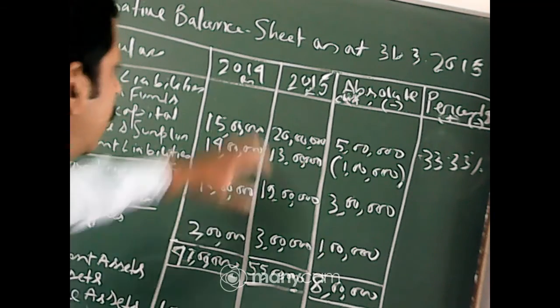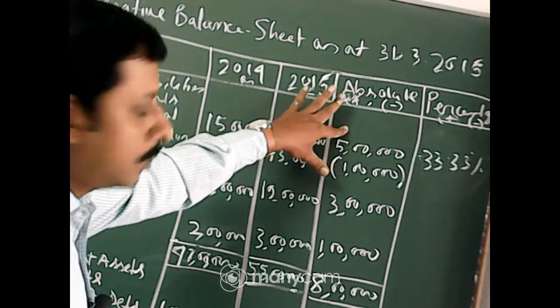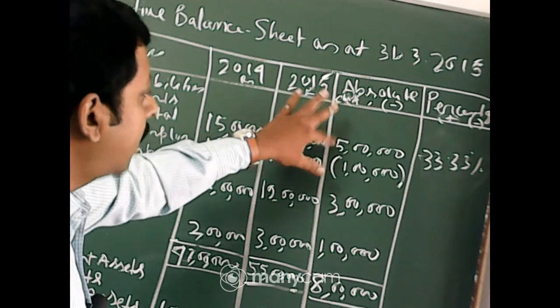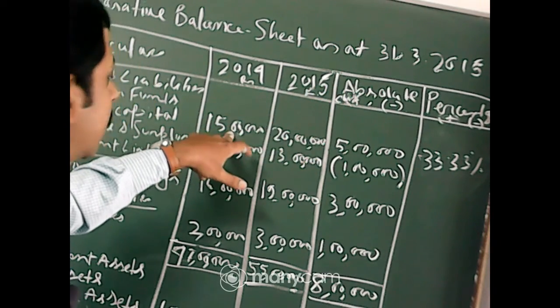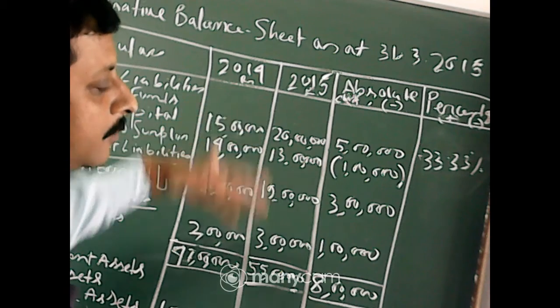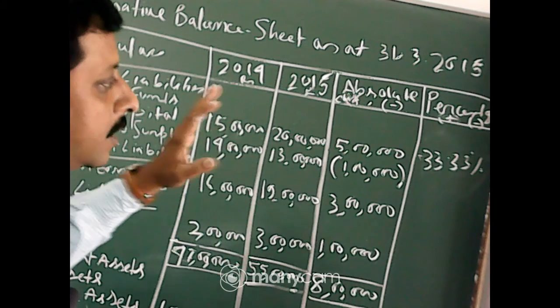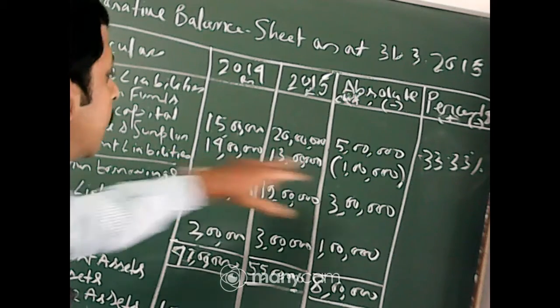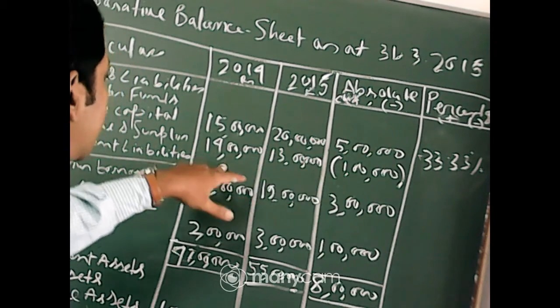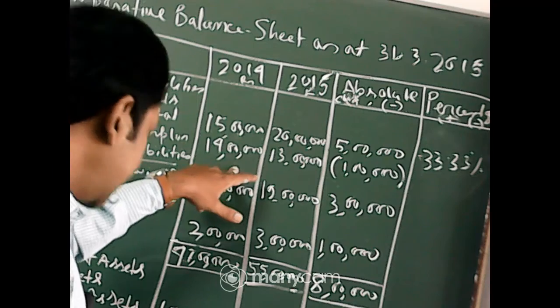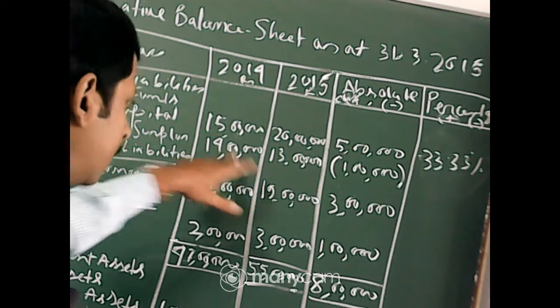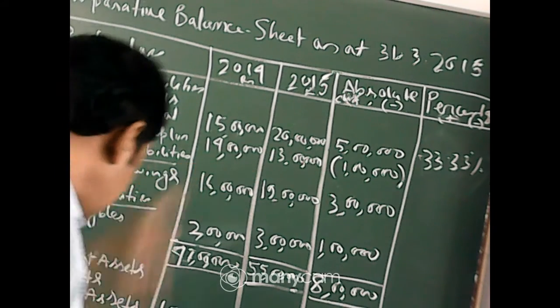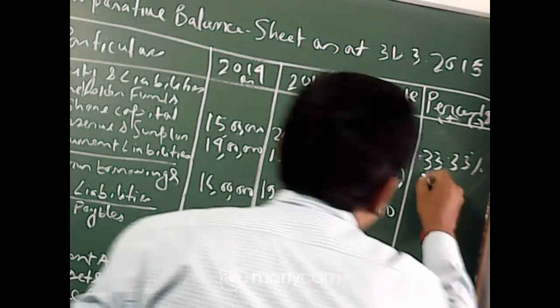Just know the formula. You have to divide 5 lakh by the base value, that is 15 lakh. 5 lakh divided by 15 lakh into 100. This is the formula. Last second, reserve and surplus. What will you do? 1 lakh divided by 14 lakh, means 1 by 14 into 100. So what will come? 7.14.